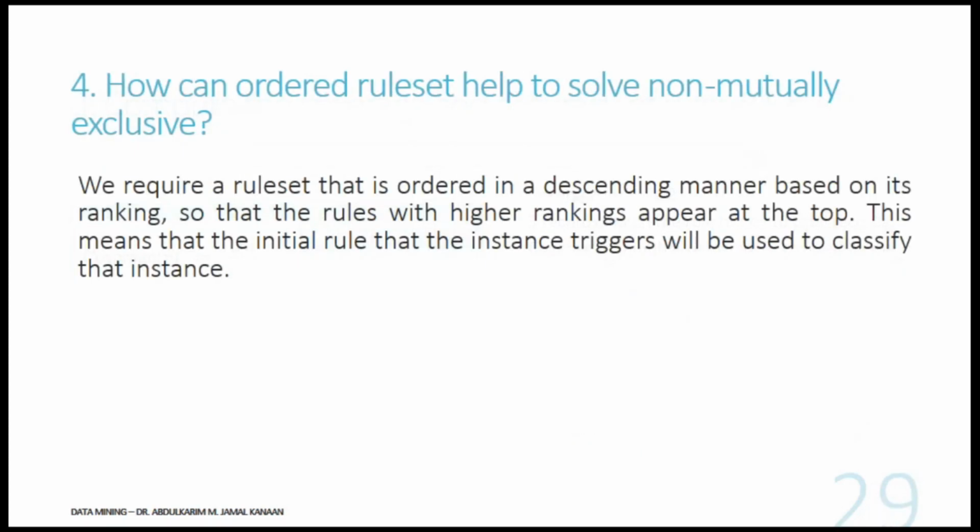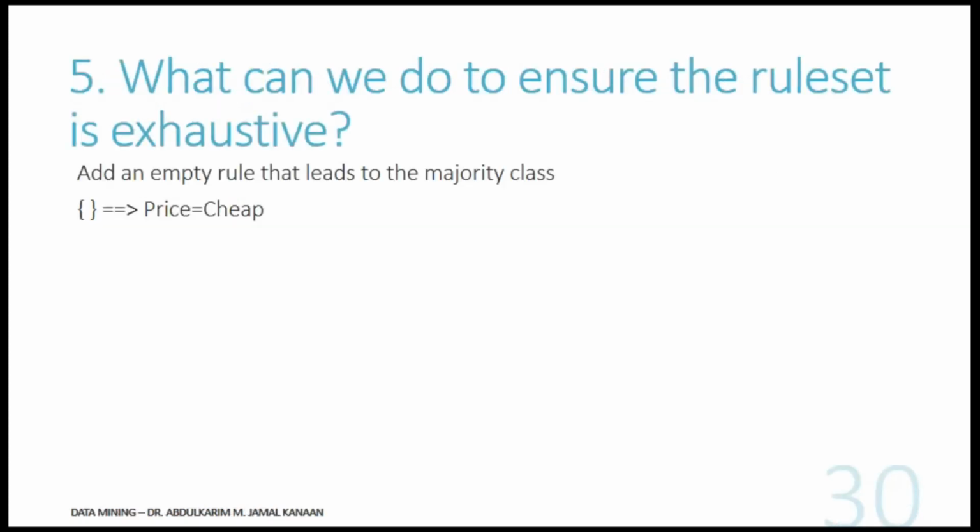How can an ordered rule set help to solve non-mutual exclusivity? As we said, we can order our rule set in descending order based on their quality. For example, after we calculate accuracy, we sort them in descending order. Then the rule that is triggered first, we take its consequent as our final prediction.